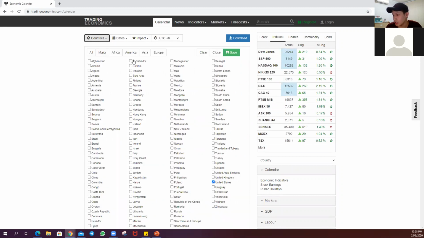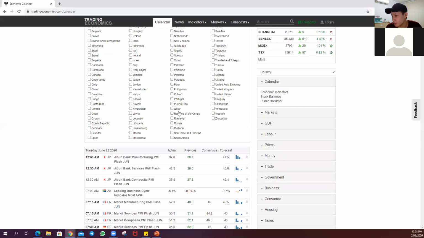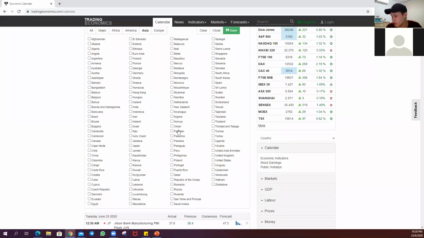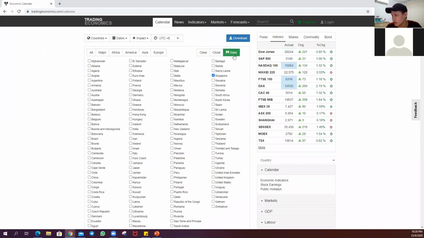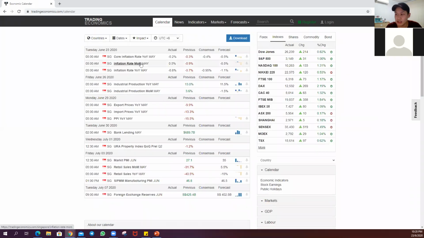If you look at Asia, where is Singapore? Okay, here is Singapore. In the upcoming news, you're able to see foreign exchange reserves, how it is in July and so on.